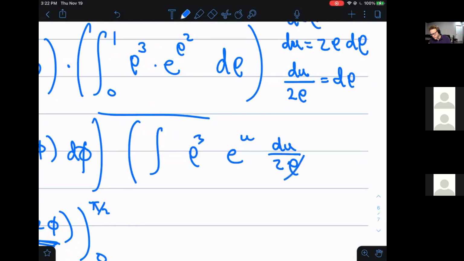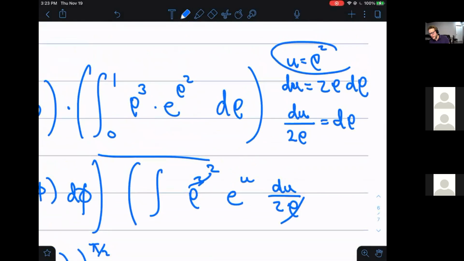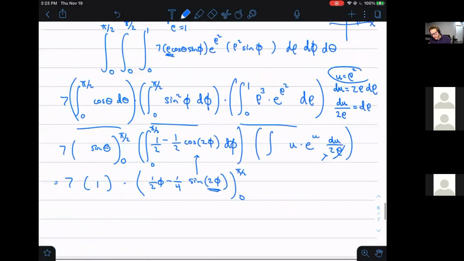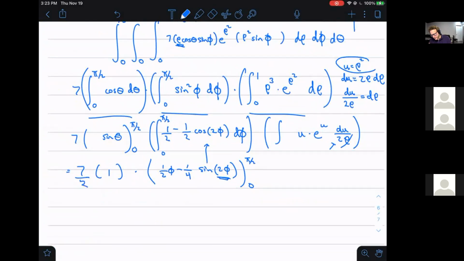So we can see that 1 down here is going to cancel with 1 up here, and you're going to get rho squared. And that's convenient because rho squared was supposed to be equal to u. So I can go ahead and swap this out and say that this is just going to be equal to u. And so don't forget, right, I have this extra 1/2. So maybe I could bring this out front here.